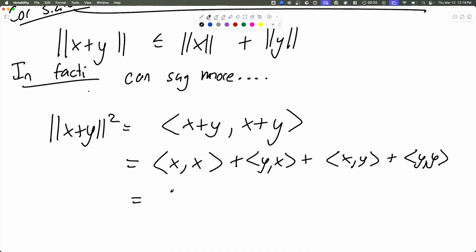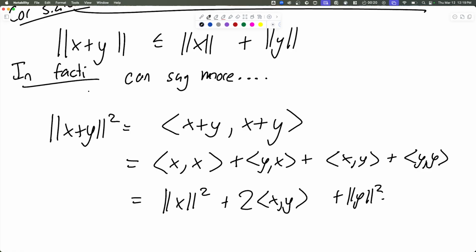In a real inner product space like we're doing here, this is norm x squared plus norm y squared, and these two middle terms combine to twice <x,y>. So the norm of x plus y squared is the norm of x squared plus the norm of y squared plus 2<x,y>.